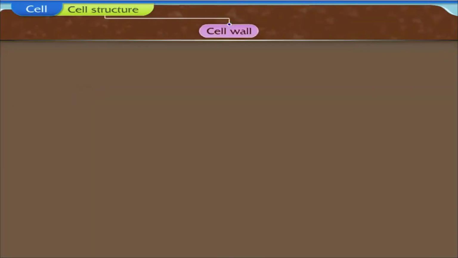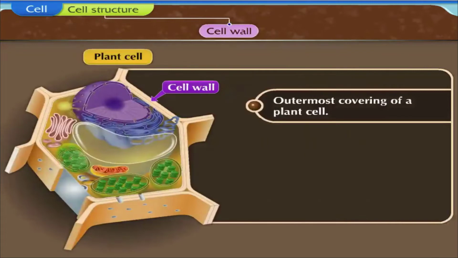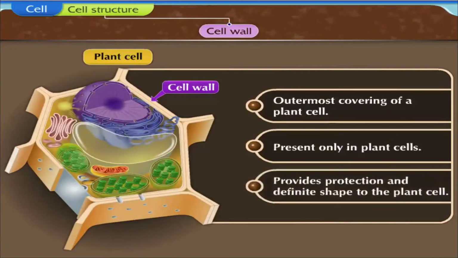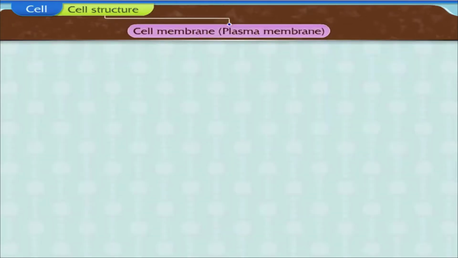Cell wall. The cell wall is the outermost covering of a cell. It is present only in plant cells. Cell wall provides protection and definite shape to the plant cell. Cell membrane or plasma membrane.